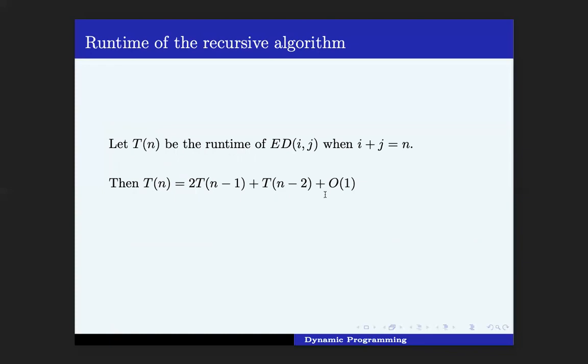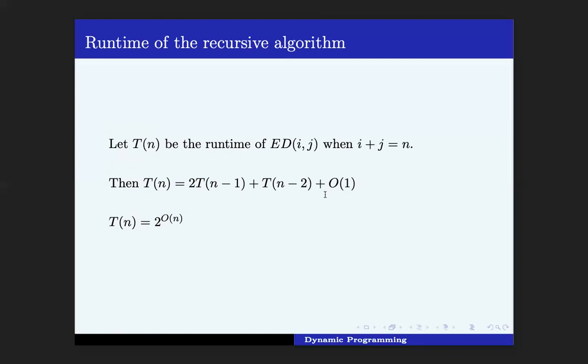Now this is not an easy recurrence to solve, but if you remember anything from your discrete math courses, you will be able to say that this is kind of like the Fibonacci sequence, and you should have an idea that this would end up becoming something like 2 to the power order n. To get the exact bound, you have to use recurrence relations, generating functions, but I'm not going into it. So this is an exponential time algorithm.